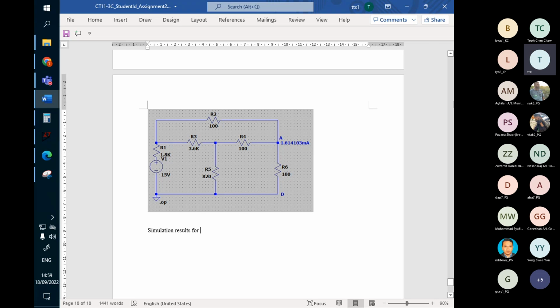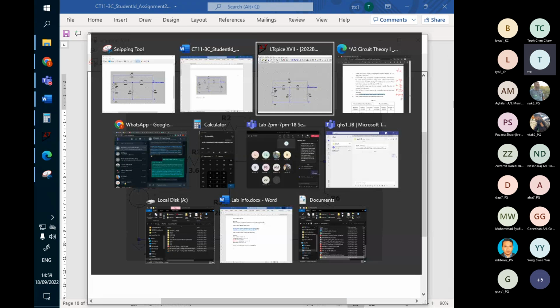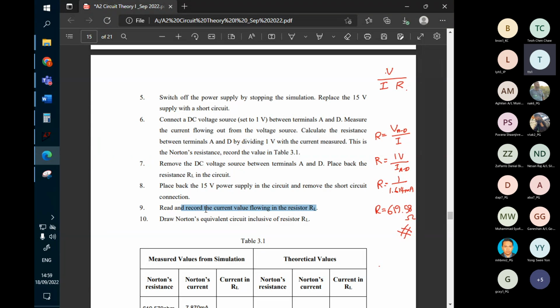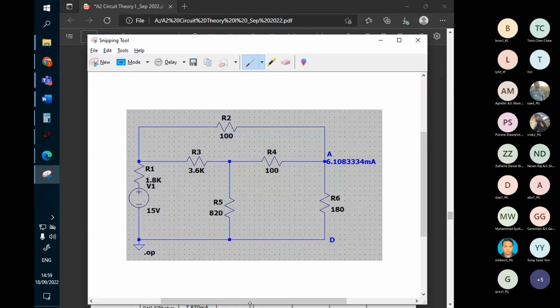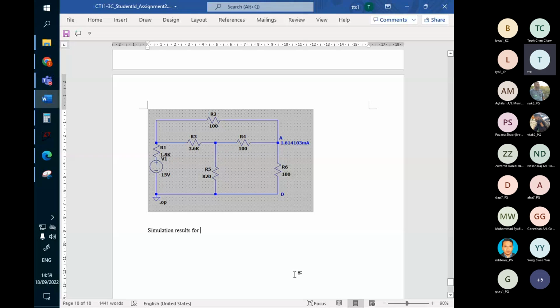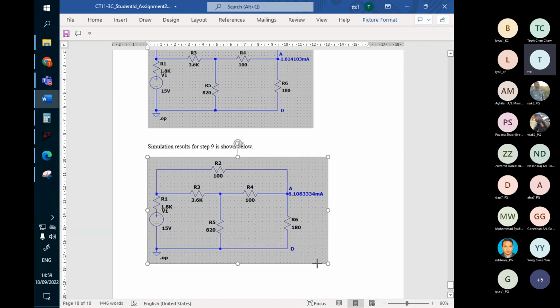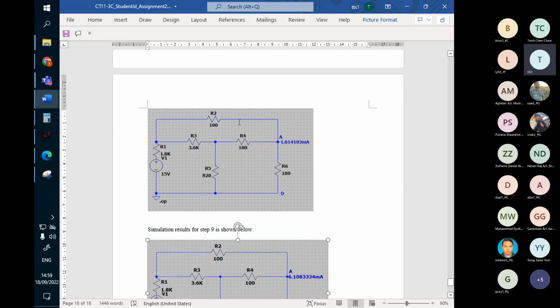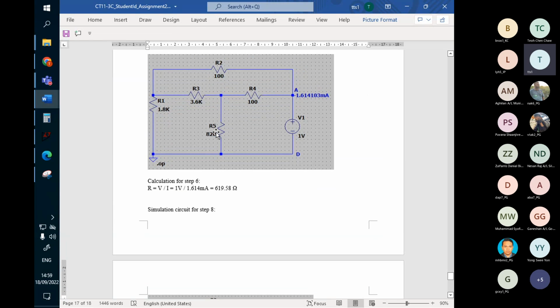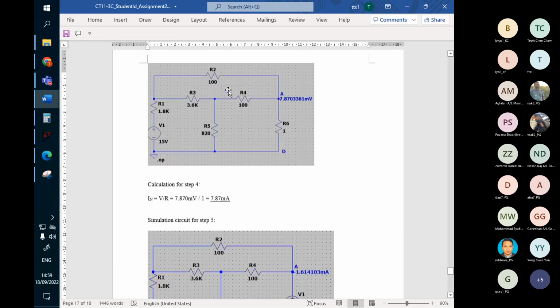Step number 9. It's better to show the figure number. See, we forgot to insert the figure number here.